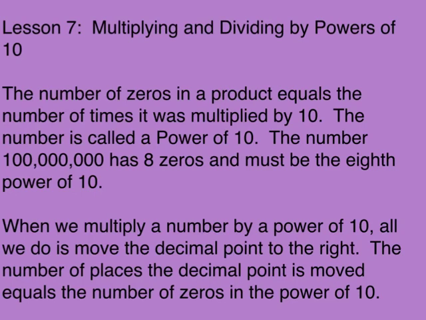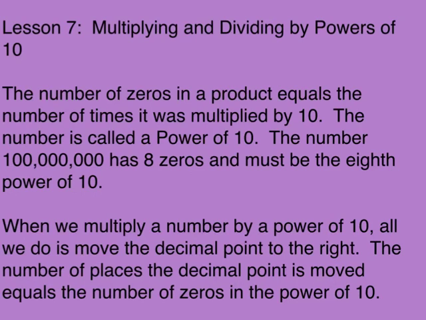So when we multiply a number by a power of 10, we don't have to multiply at all. The only thing we have to do is to move the decimal point to the right. That's important that you remember because you're going to hear later on in another lesson what you do when you divide, and it's kind of the opposite.